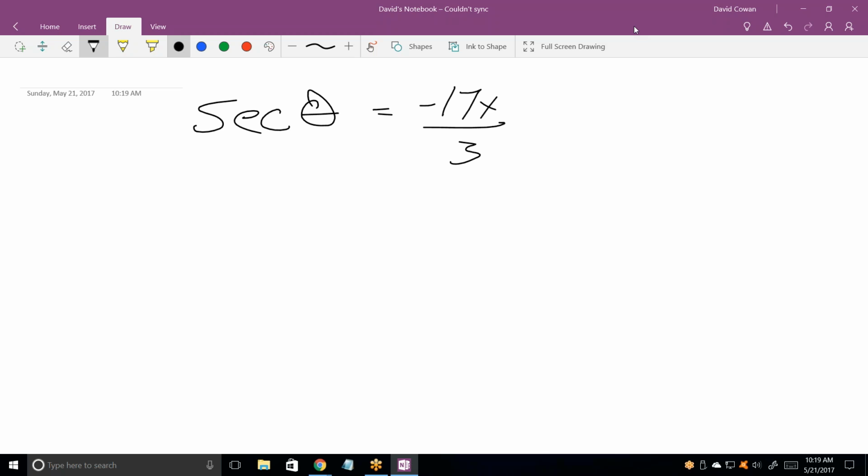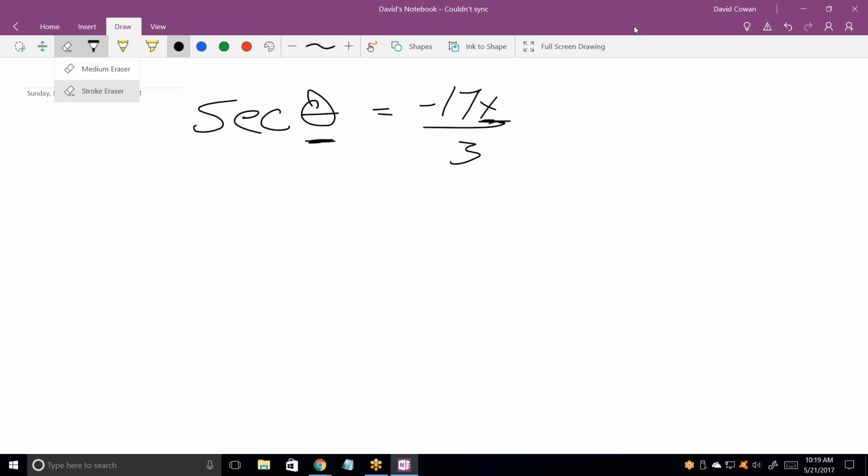And they want you to solve for x, right? I don't think so. This has a theta in it and an x, so I can't. I've got two variables. You've only given me one equation, so I can't solve for it.